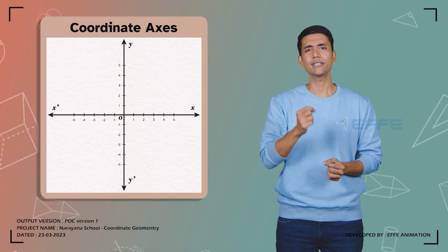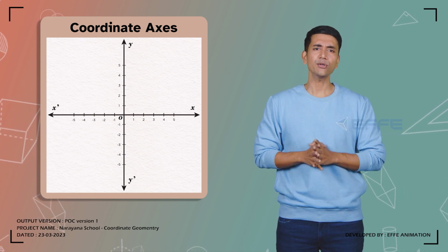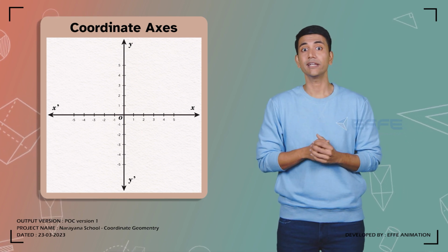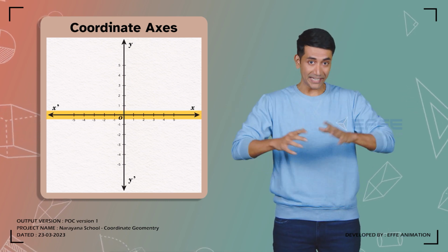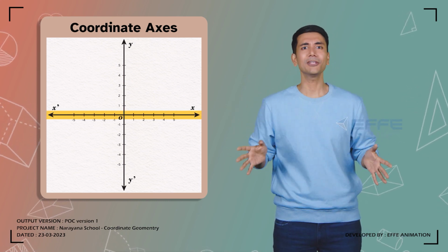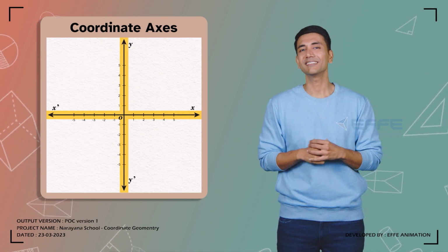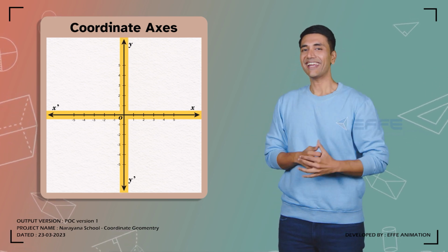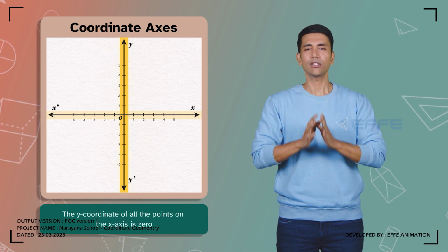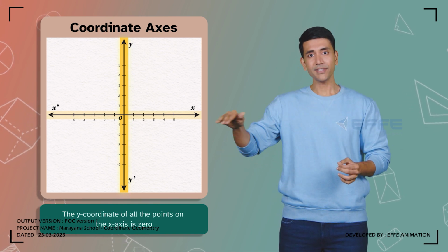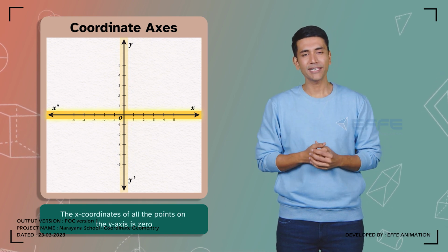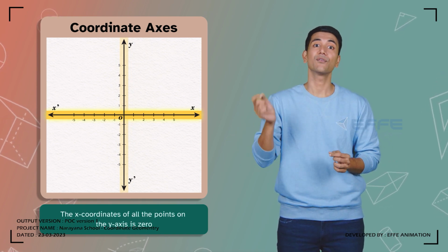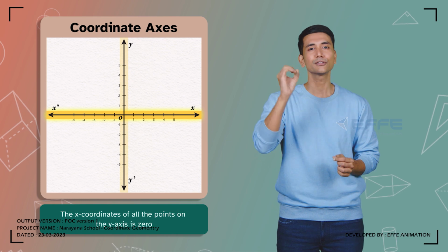Talking about coordinates of points, what can you say about the y-coordinates of all the points on the x-axis and the x-coordinates of all the points on the y-axis? Correct. The y-coordinate of all the points on the x-axis is 0 and the x-coordinate of all the points on the y-axis is also 0.